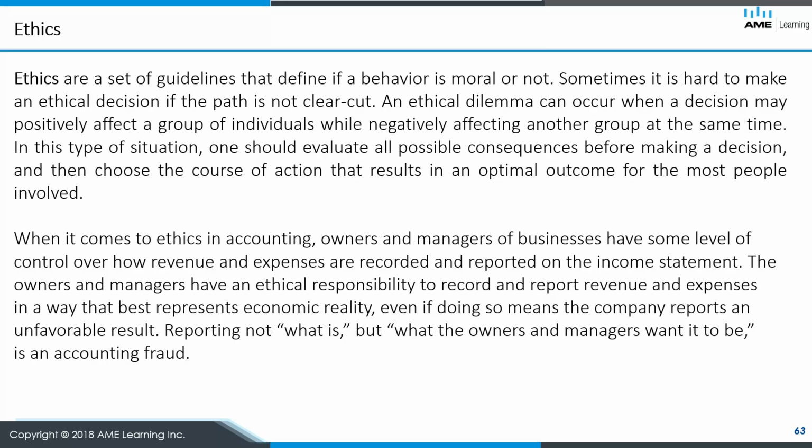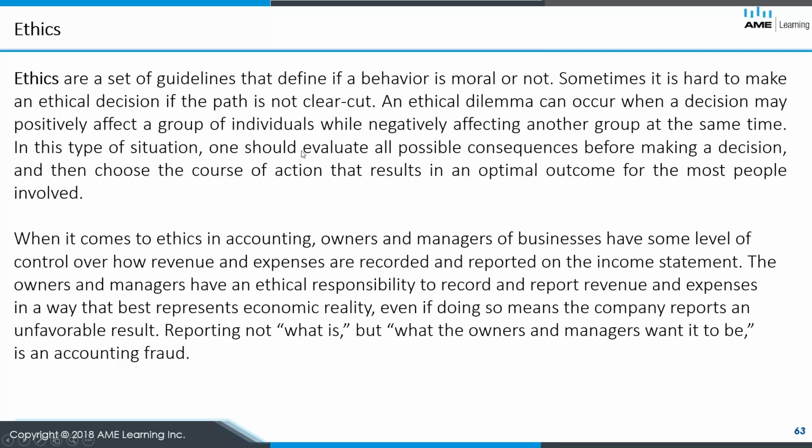You might have heard about ethics before, maybe not in a business context per se, but ethics, in both a personal and a business context, are a set of guidelines that define if a behavior is moral or not. It's not always clear cut whether something is ethical, and you can run into ethical dilemmas, where the decision may positively affect one group but negatively affect another.